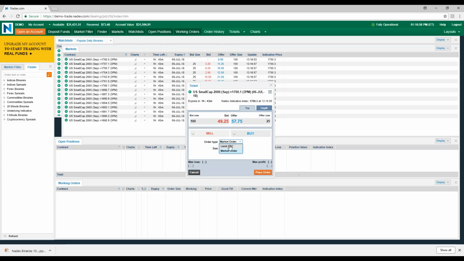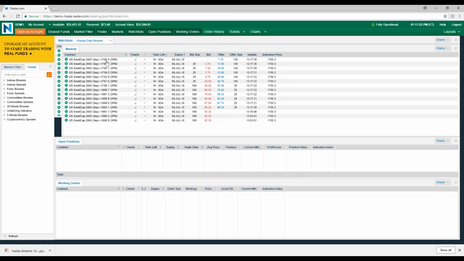I can do a limit order, which is, hey, I want to buy this, but I only want to pay $50 for it. I'm not going to pay any more than $50. Right now it's at $59, so if it comes down in price to $50, then it'll get me filled, and I'd place the order and go into working orders. But the point is, like I told you, each different one of these is a different binary option contract.